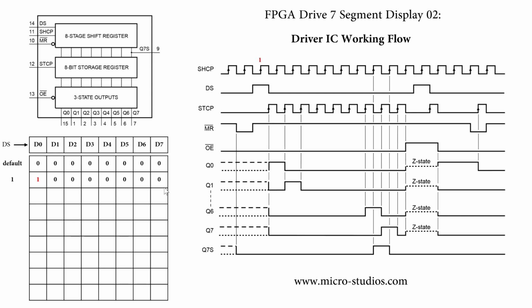Okay, so let's take a look at the next step. At the next clock rising edge, this data is 0, low level. So we will shift the 0 into the first bit of the shift register.